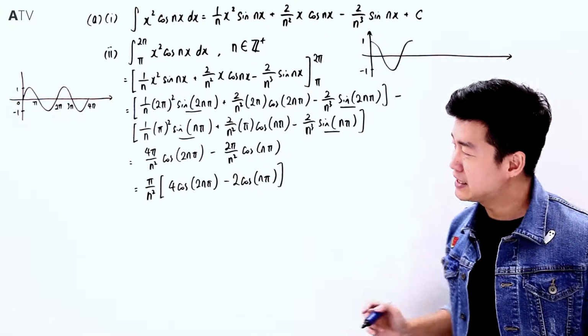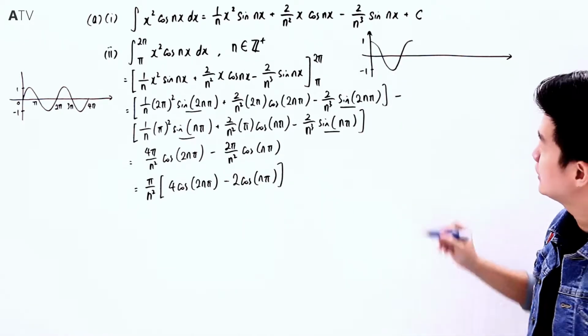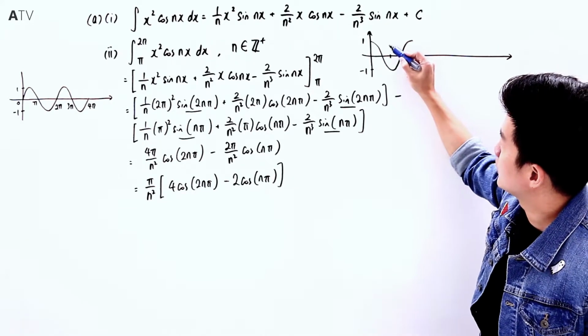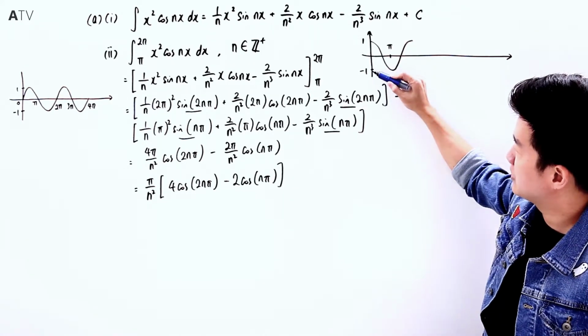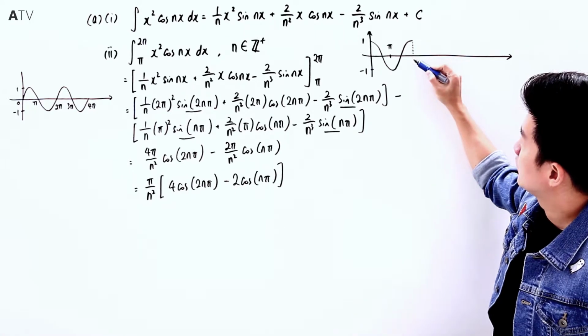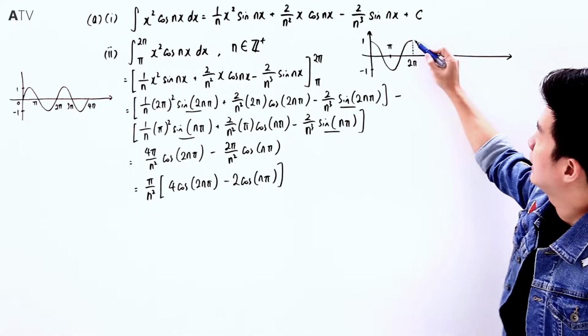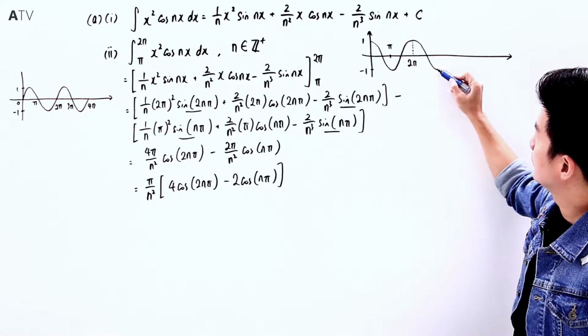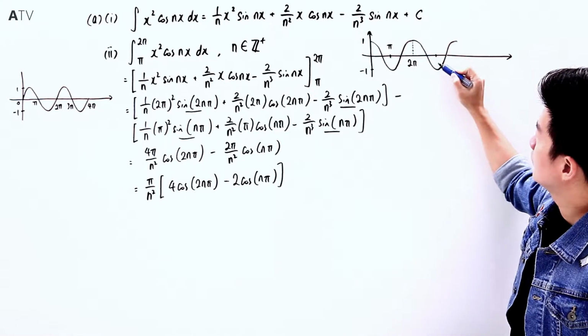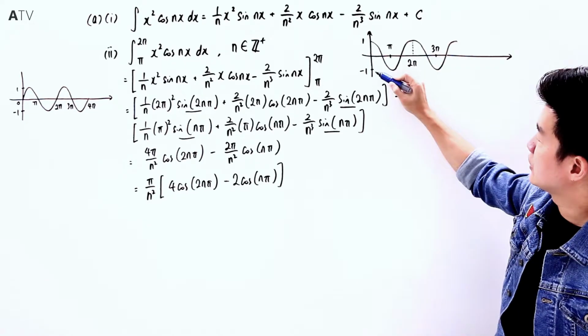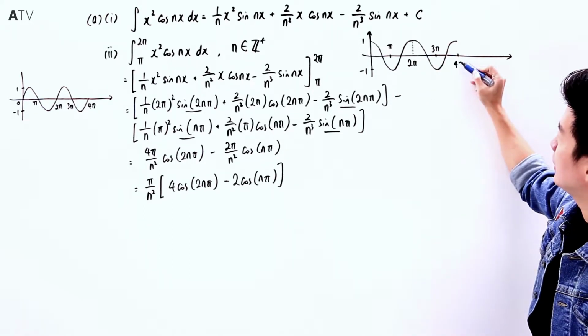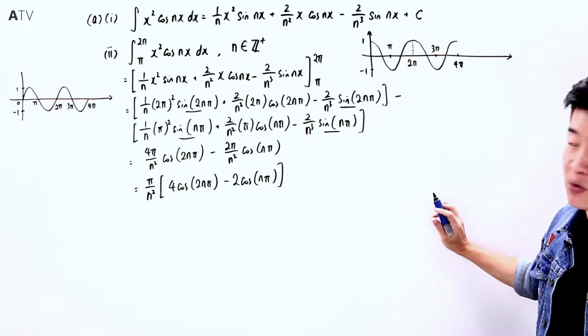We're trying to analyze integer multiples of π. So at π, it's going to give me -1. And when it is at 2π, it is going to give me positive 1. If I draw another period, 3π is going to give me -1, and 4π is going to give me positive 1.